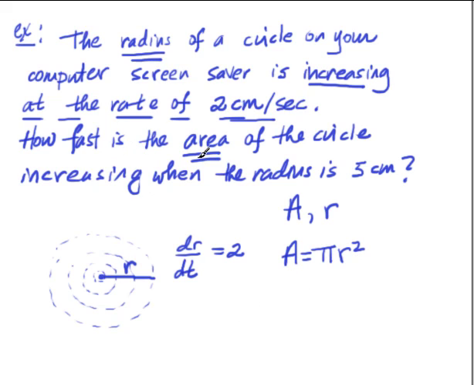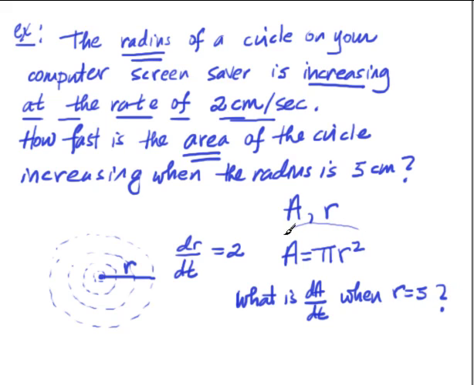Now we want to know how fast the area of the circle is increasing. What does that translate to? We want to know dA dt. That's how fast the area is changing. What is dA dt when r is equal to 5?